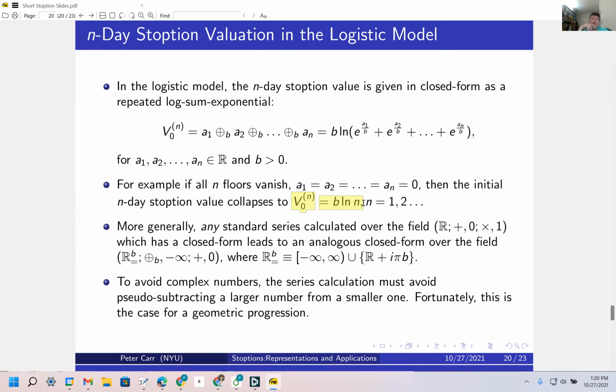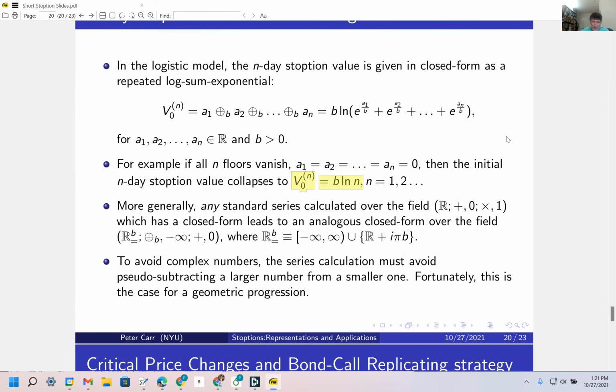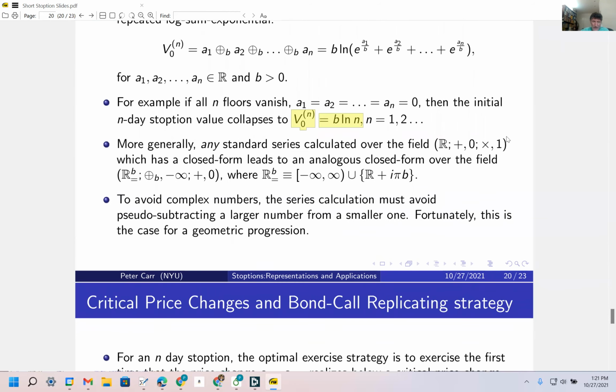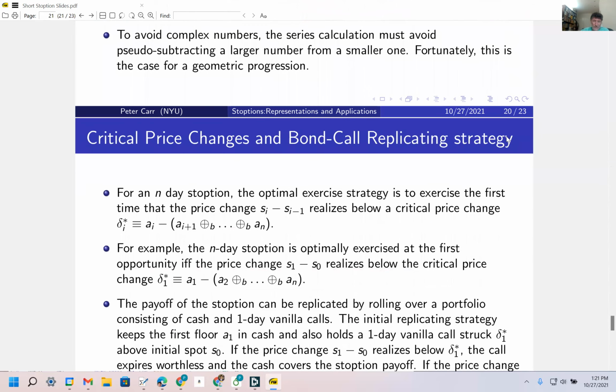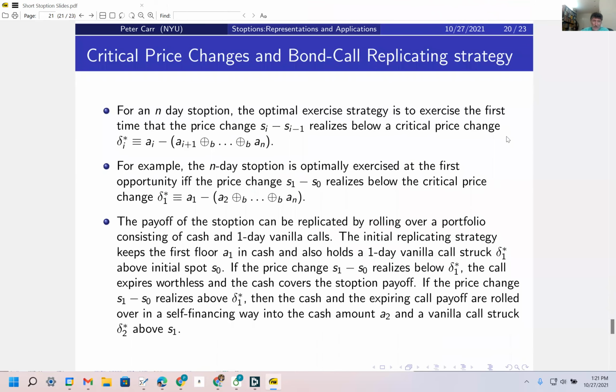And the spirit is that we're adding, in quotes, a set of numbers, so that's called a series. We could have, for example, made the floors be a geometric series, and used the well-known formula for a geometric series in our context. So you can further simplify these formulas for special structure on the floors. And that's something to keep in mind.